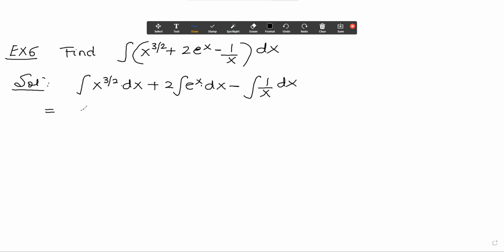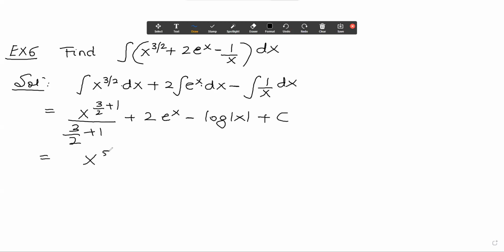Now the integral of x to the power 3 by 2 will be this, plus 2 times the integral of e to the power x, which is e to the power x, minus, we have just done that, integral of 1 upon x dx is log of mod x plus c. X to the power 5 by 2 upon 5 by 2, this will be 2 by 5 x to the power 5 by 2, plus 2 e to the x minus log mod x plus c. So this will be my answer.